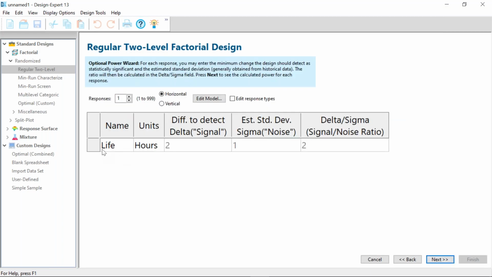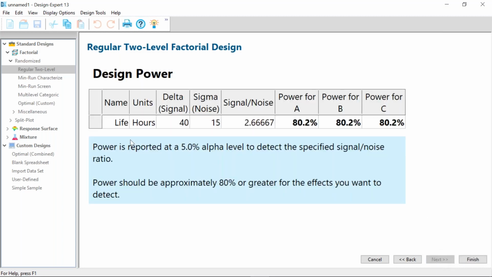And then what's cool is we have this power calculator. So let's say that we were interested in trying to see a 40-hour improvement in the life, and our normal variation, let's say, is 15 hours on this accelerated test. Then even with the 8 runs, with this signal to noise ratio, which is actually pretty high, we have an appreciable probability of seeing that difference of 40, even though we have a noise of 15 in the overall testing, just because of the process variability of doing life testing, the measurement, and so forth.